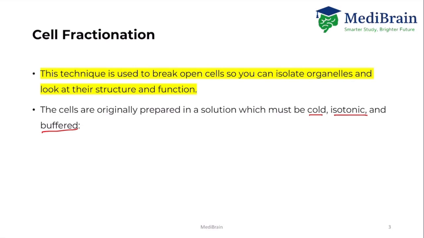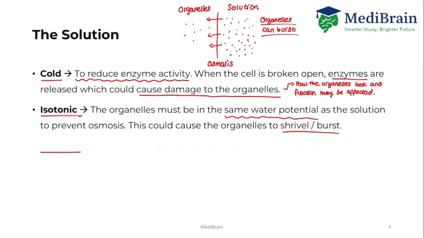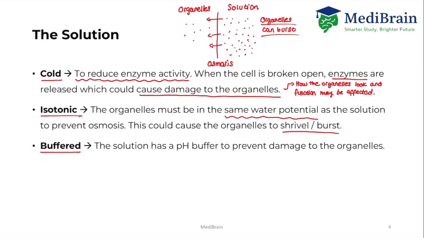It will dissolve some aspects of the cells, and that will cause the cells to become even smaller and perhaps even release their organelles. Okay, and the conditions for that solution, it needs to be cold, isotonic, and buffered. All three need to be present in order to make sure that you don't cause any damage to the organelles, because we don't want to affect the structure of the organelles.